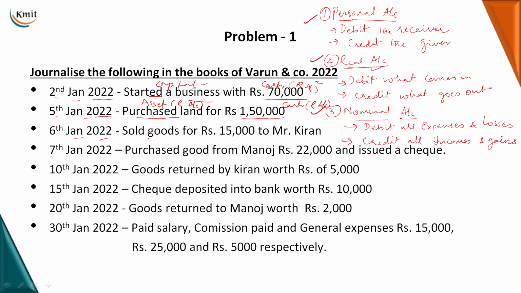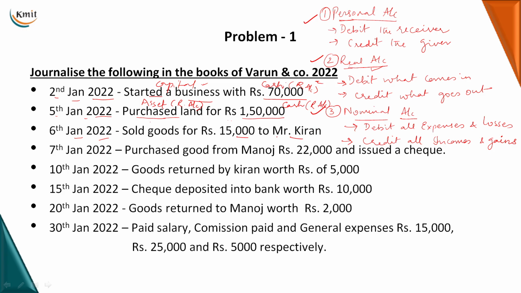Third transaction on 6th Jan 2022, sold goods for rupees 15,000 to Mr. Kiran. Now when this sales transaction is displayed, if no buyer's name is displayed, it is assumed to be a pure cash transaction.